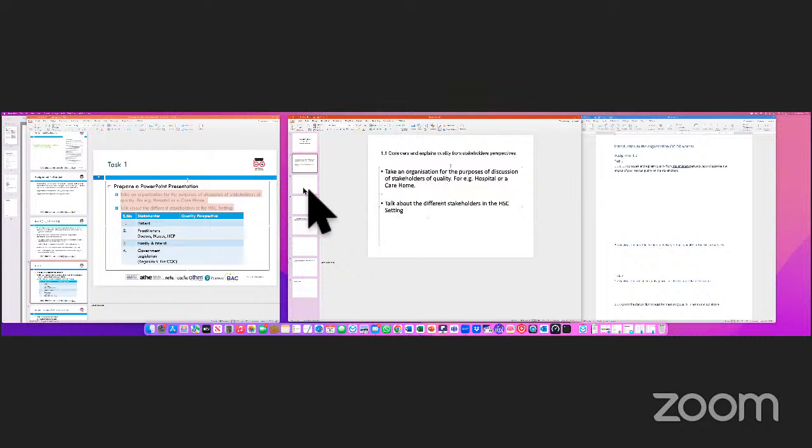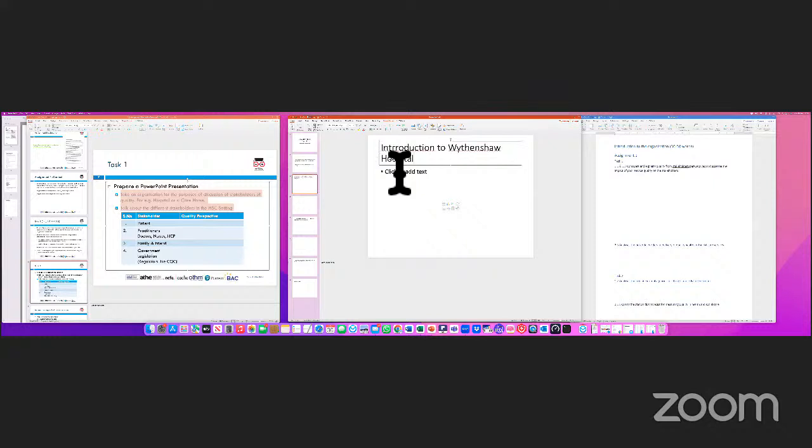So the first slide would become an introduction to Wythenshawe Hospital. That is a brief introduction about the hospital, which trust it belongs to within Manchester, what areas it caters to, and what specific department you're looking at when you're referencing the tasks you're doing in the assignment.